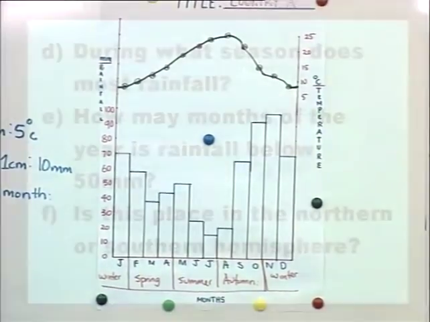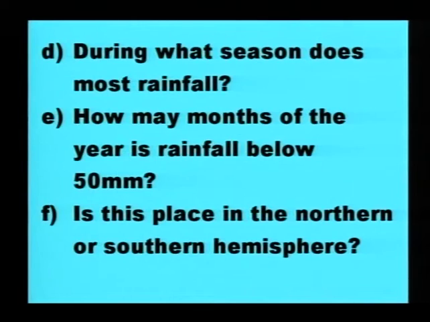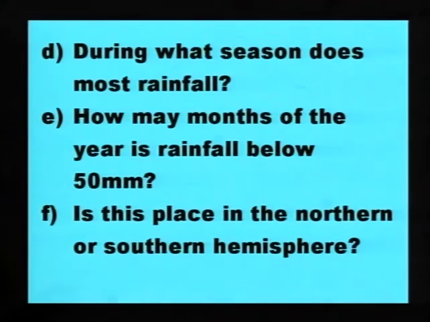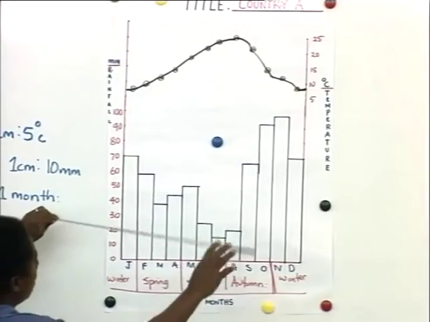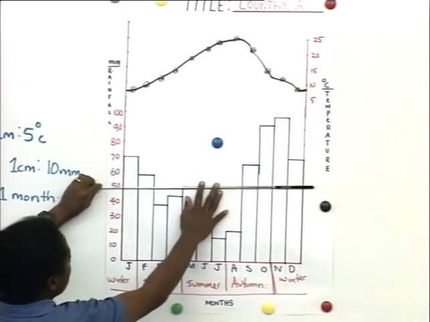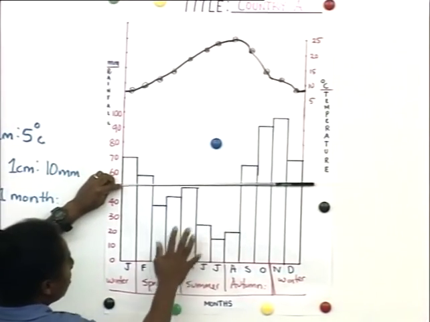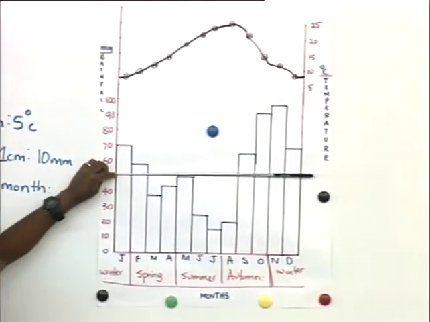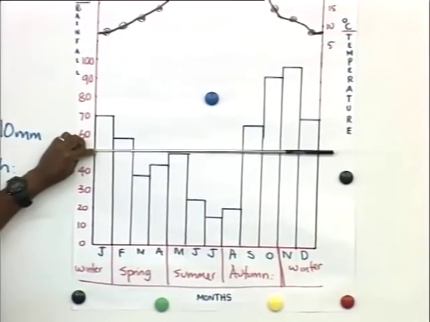The next question. How many months of the year is rainfall below 50 millimeters? We do the same thing like what we did for temperatures. This time we find 50 millimeters. We put a ruler across and we find out how many months is rainfall below 50.